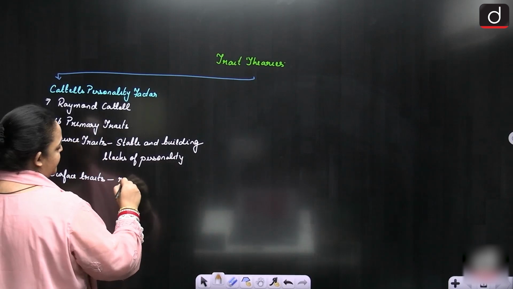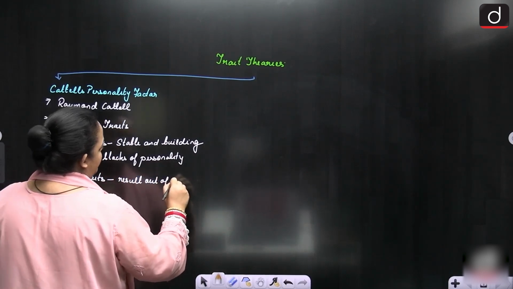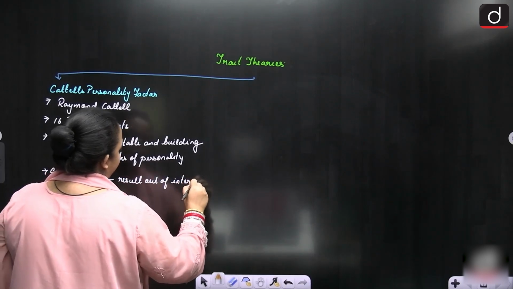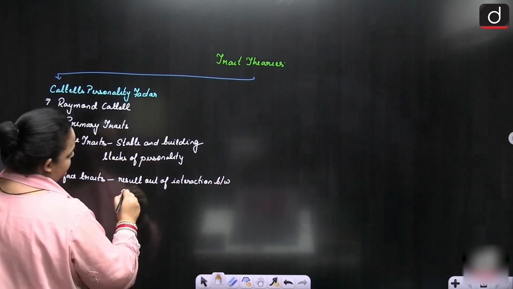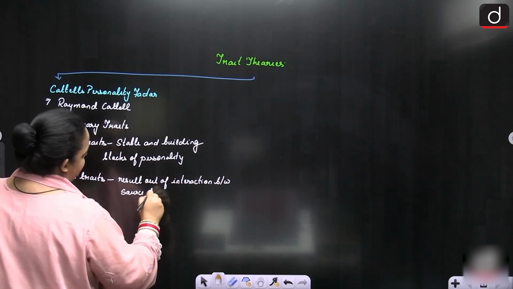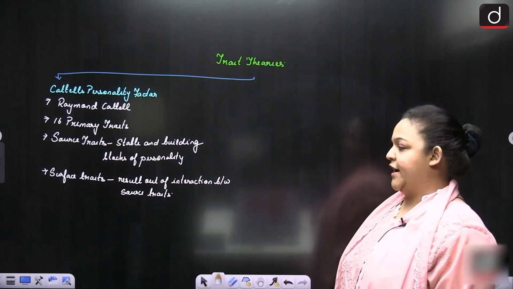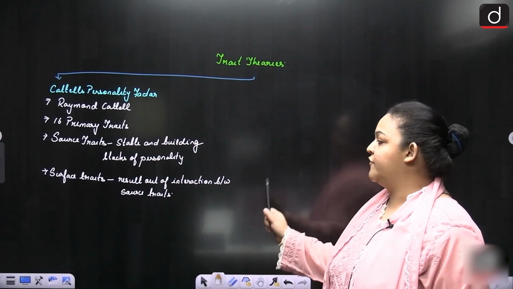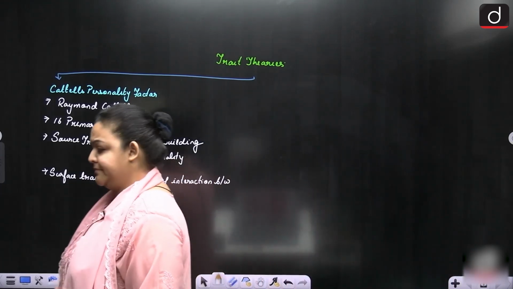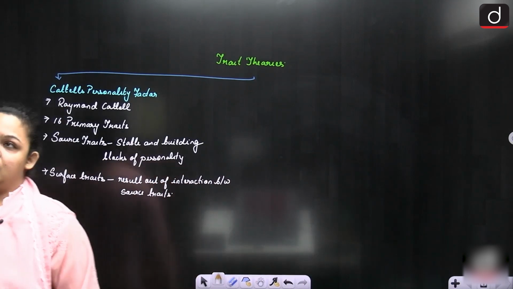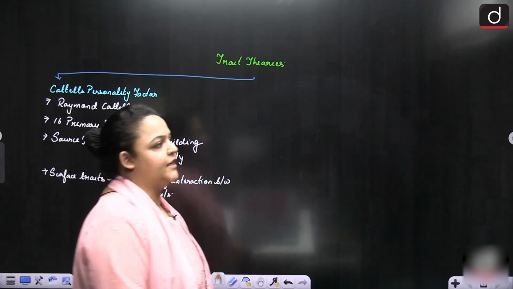So, what is surface trait? Results out of interaction between the source traits. Okay? So, all right. Let's take an example of Gandhiji.